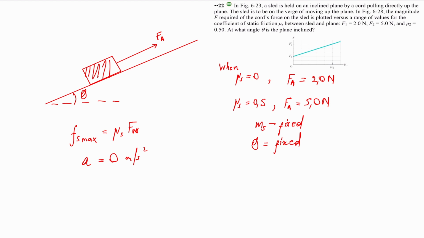I'm harvesting the data from what the question has given me. And one more thing we have available, which is always true, at least for speeds less than the speed of light, is that the net force must be equal to the mass of the object times the acceleration.